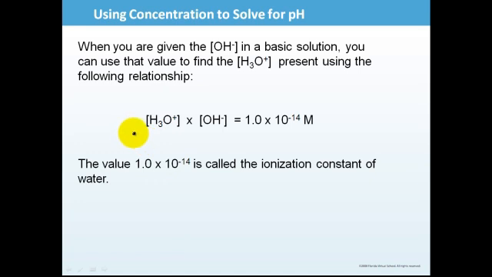Well, when we have that neutral water, the concentration of the hydronium is 1 times 10 to the negative 7. And the hydroxide, remember they are equal, it is also 1 times 10 to the negative 7. So when we take those two numbers and multiply them together, we get 1 times 10 to the negative 14.